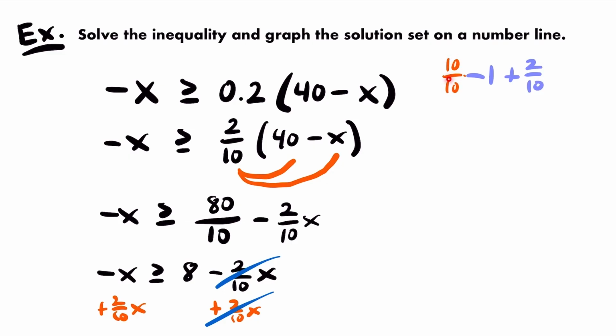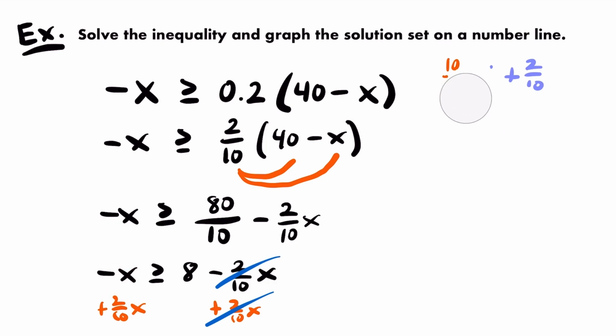So you're just multiplying 1 by negative 1, which doesn't change its value. But by doing this, you'll rewrite negative 1 as a fraction in terms of tenths, which will be negative 10 tenths, which can now be easily added to 2 tenths. Negative 10 plus 2 is a negative 8, so this is equal to negative 8 tenths. So that is what the new coefficient of x will be on this side of the inequality.